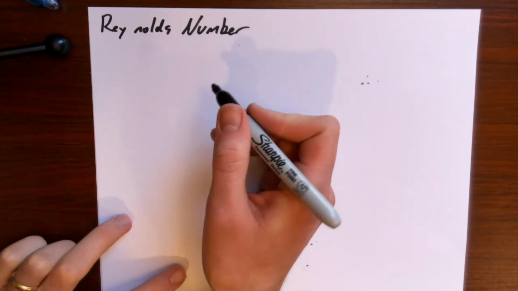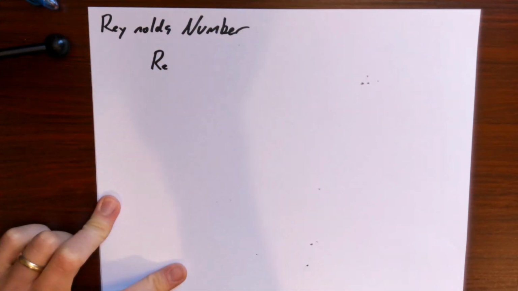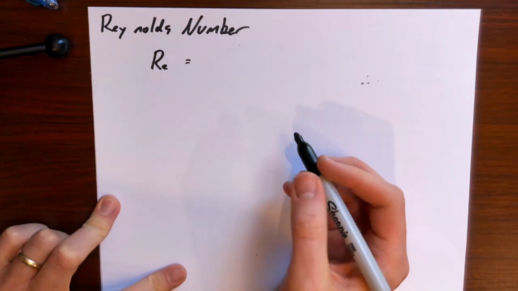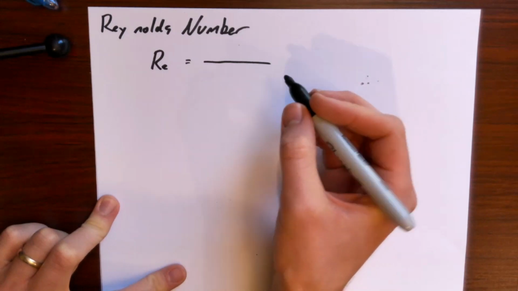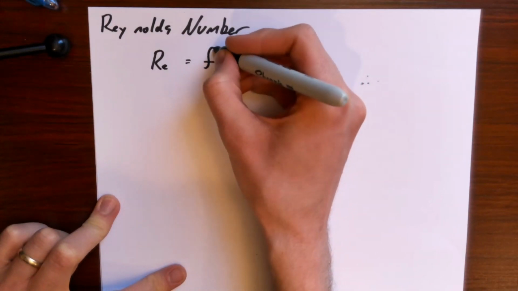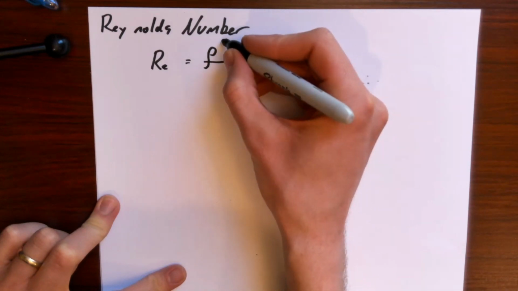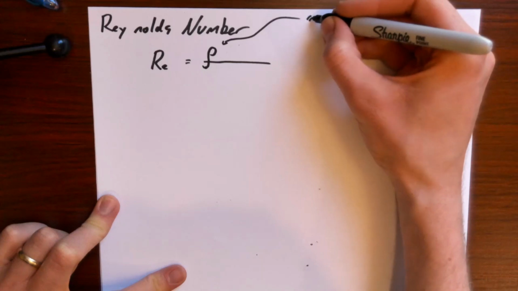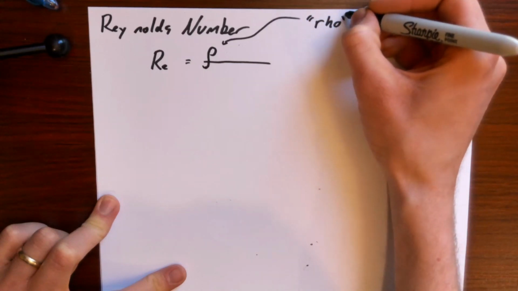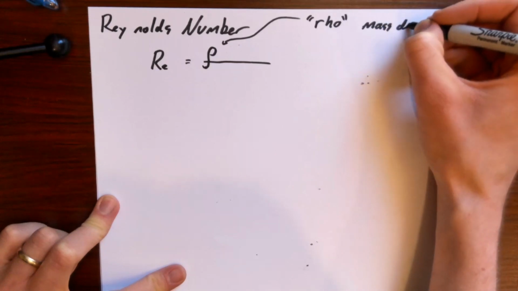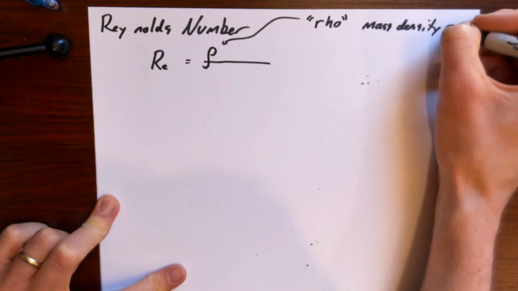So the Reynolds number is this super useful number in the context of fluid mechanics. It's given as Re, and it's defined as a ratio of a couple of quantities. In the numerator is rho, the Greek letter rho. I know it looks like a P, but there's a little difference in the tail here. It signifies the mass density of the fluid.